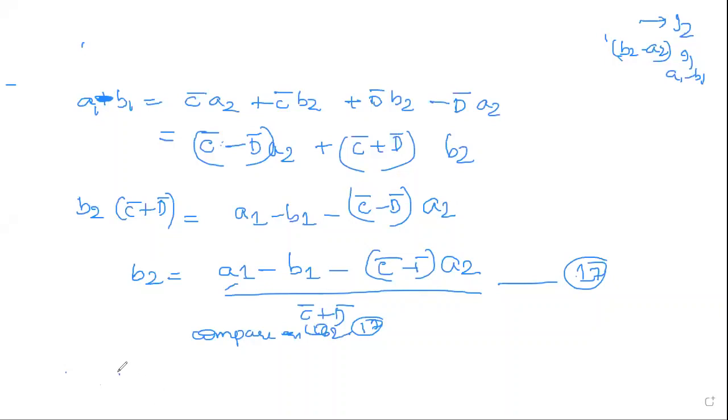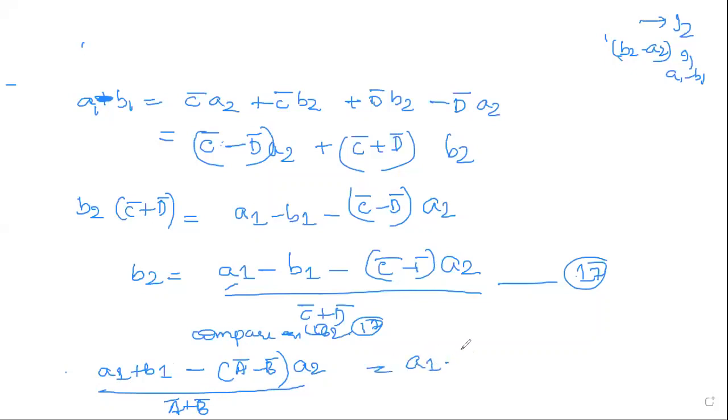A1 plus B1 minus A bar minus B bar into A2, whole divided by A bar plus B bar. Next, A1 minus B1 minus C bar minus D bar into A2, divide the whole equation by C bar plus D bar.